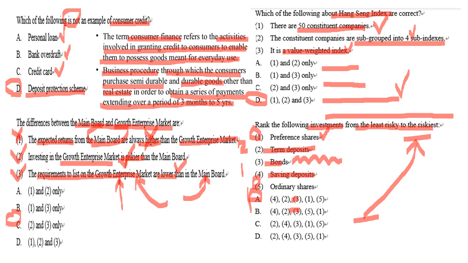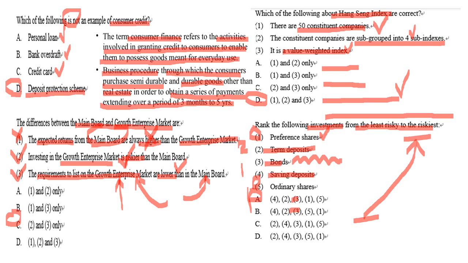Okay, next question about the difference between main board and GEM, growth enterprise market. The expected returns from the main board are always higher than the GEM. The answer is wrong. Though we know that the listing requirements for the companies in the main board are more strict than those companies listed in the growth enterprise market, it does not mean the expected returns are higher.